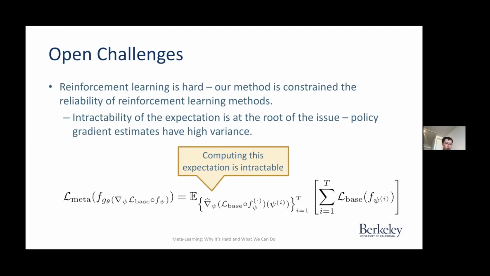For different choices of objective functions and training sets, you might need to tune your RL method differently, which is annoying and frustrating. And that's just coming from essentially the unreliability of RL methods, which is a result of this intractable expectation.